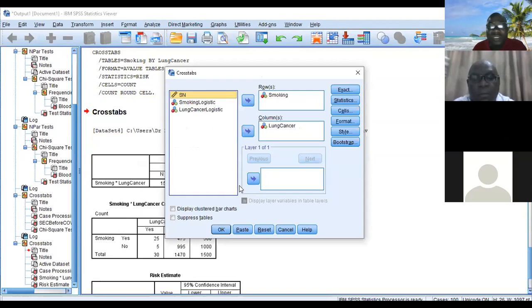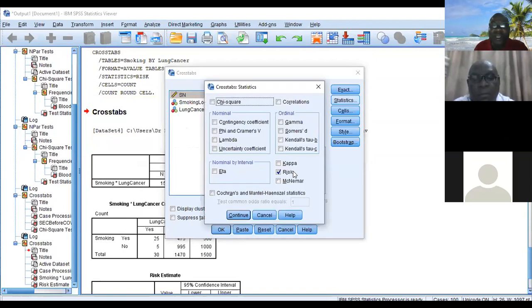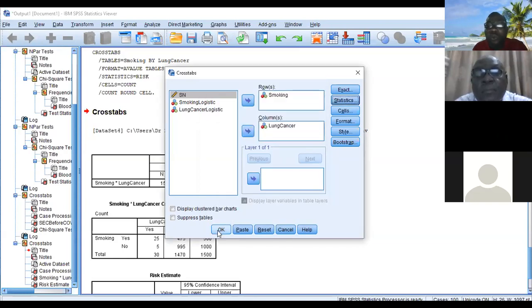Under statistics, go to statistics. Just leave the risk, and also put chi-square up. Chi-square is up now. Continue. Okay, also go to cells.